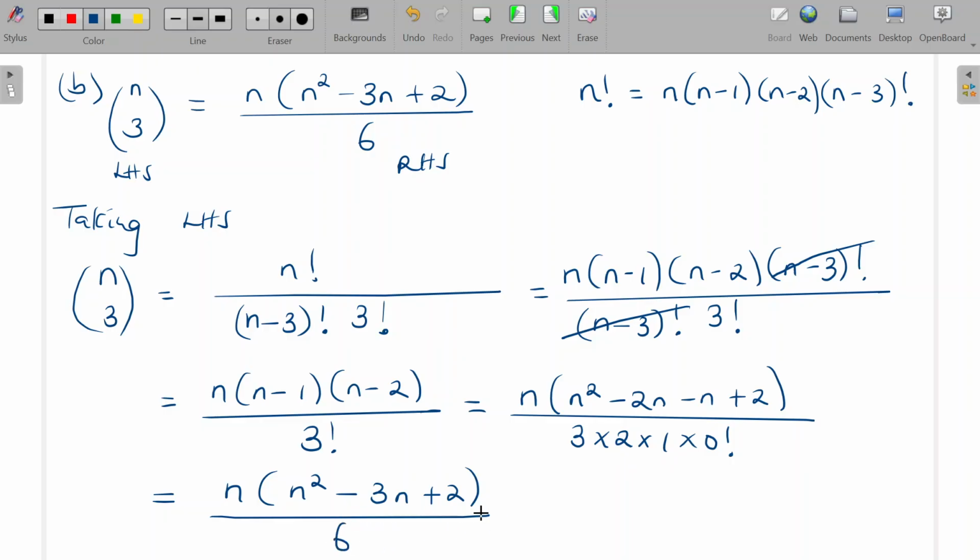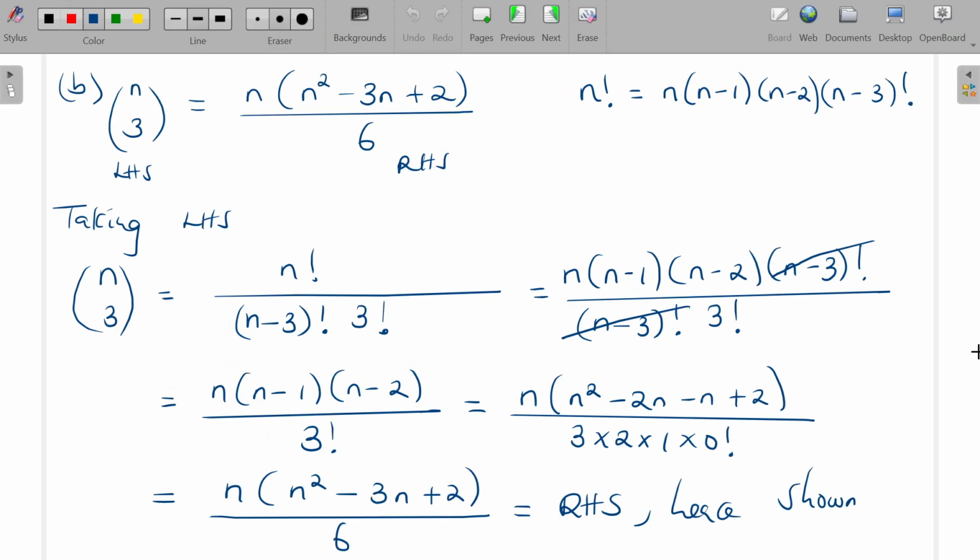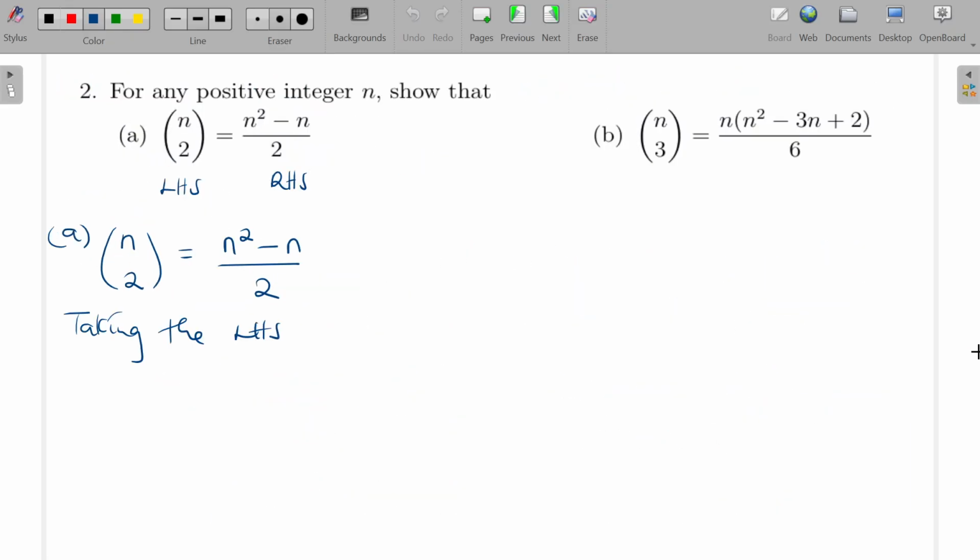As a result, you are seeing that this is equivalent to the right hand side, hence shown. So you're going to write hence shown, and that is how you prove this question. Are we together?